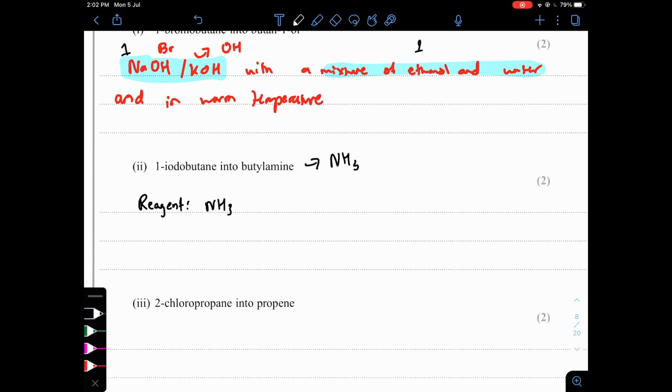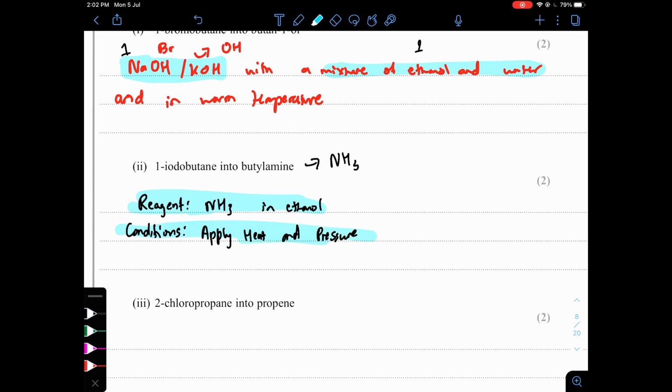Now obviously this is also usually in ethanol as well. So we can write in ethanol. What about the conditions? Now because we're reacting with ammonia, usually we need to apply what? Heat. So apply heat and pressure. Heat and pressure. So your 2 marks are the reagent and the conditions.